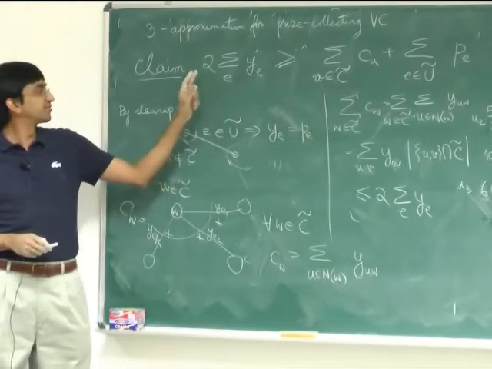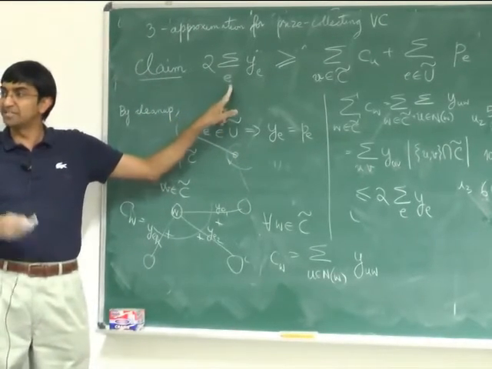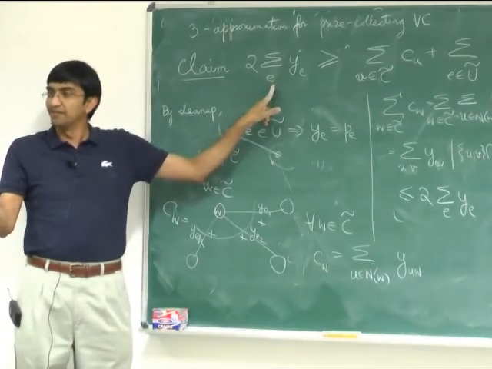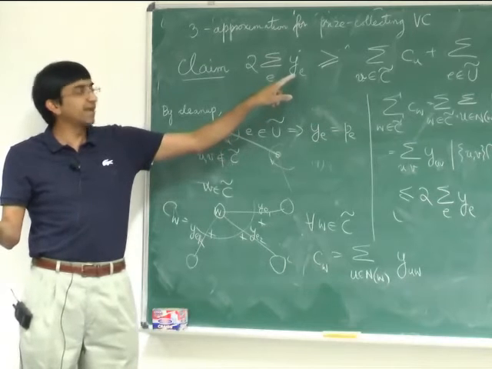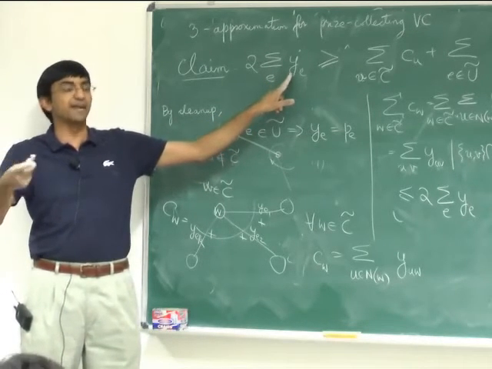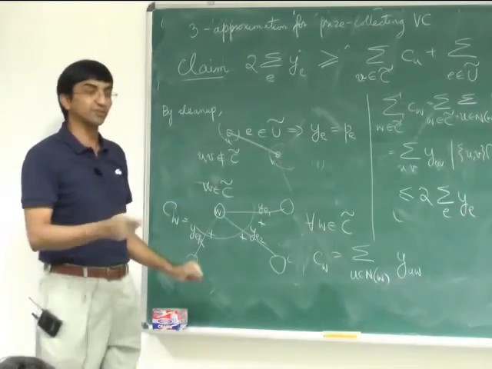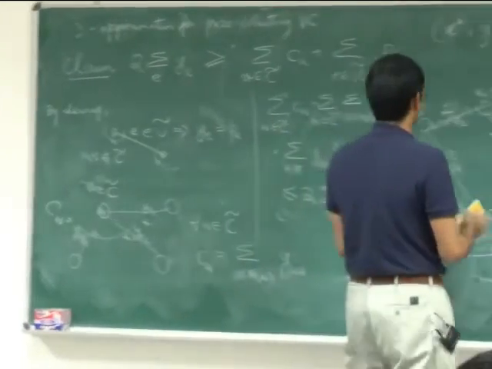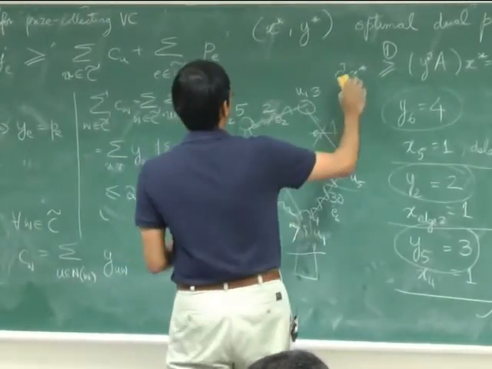I can split this into the edges which are in U tilde and those which are not in U tilde. For the edges which are in U tilde, I only pay 1 times YE. For the edges which are not in U tilde, I pay at most 2 times YE. So in fact, even though I asked you to prove a 2, I'm getting a slightly better than 2 approximation. So I'll just write it down completely here.